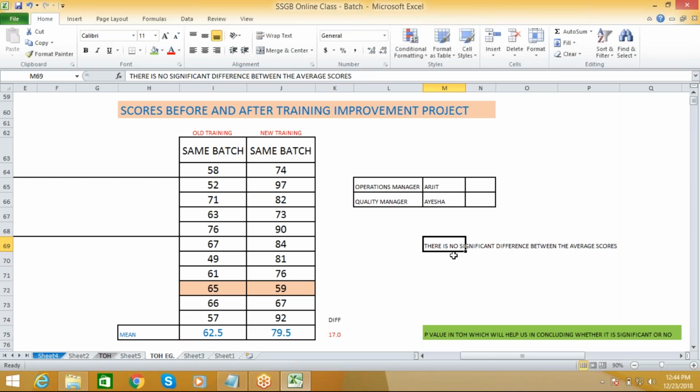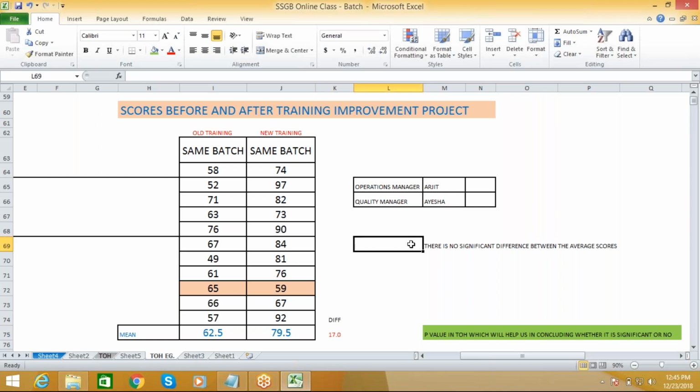So one of us is saying that there is no significant difference between the average score. That means we are saying that this 17 is not significant, correct? And so what hypothesis is this? Let's go step by step. What hypothesis is this? There is no significant difference between the average scores, or this 17 is not significant.